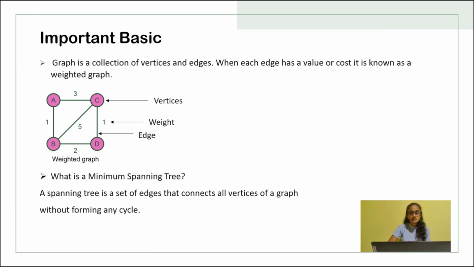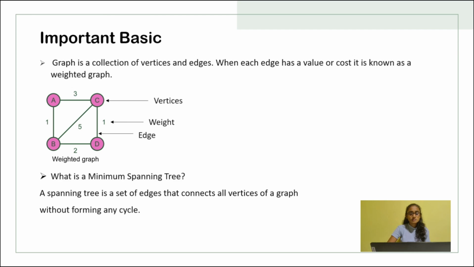When each edge has a value or cost, we call it a weighted graph. For example, the cost can represent distance, time, money. Now a spanning tree is a subgraph that connects all vertices, has no cycles, and uses exactly V-1 edges.